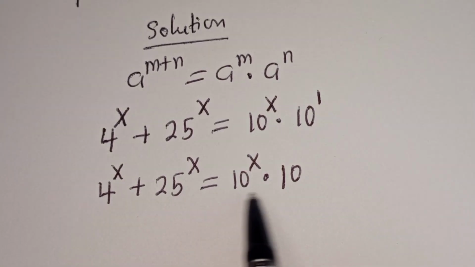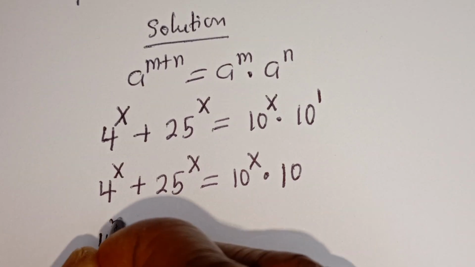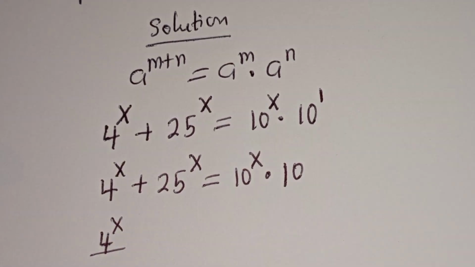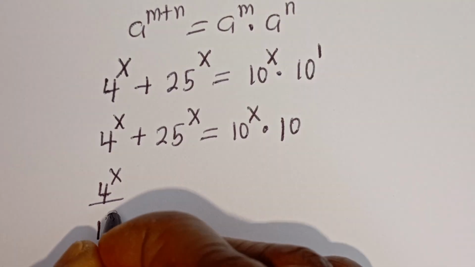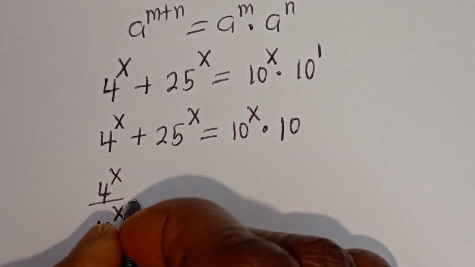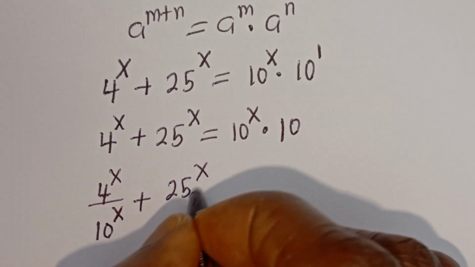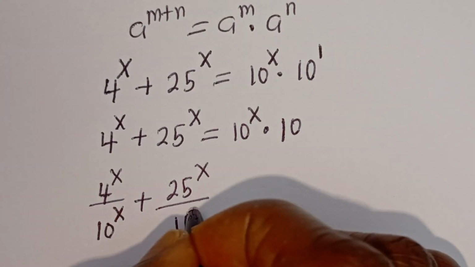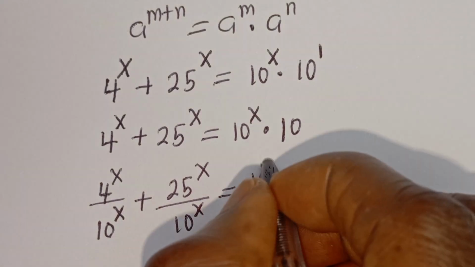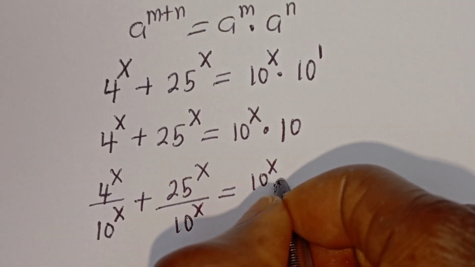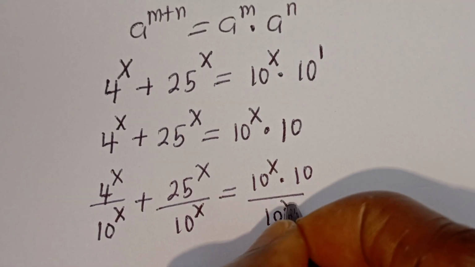Let's divide all through by 10 to the power of x. We have 4 to the power of x divided by 10 to the power of x plus 25 to the power of x divided by 10 to the power of x is equal to 10 to the power of x multiplied by 10 divided by 10 to the power of x.